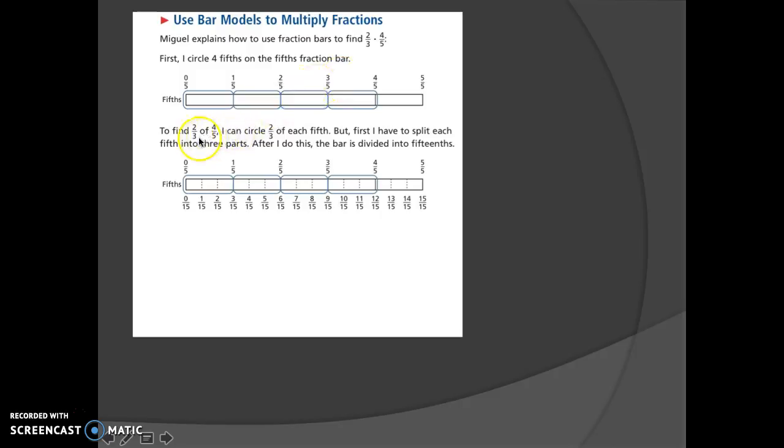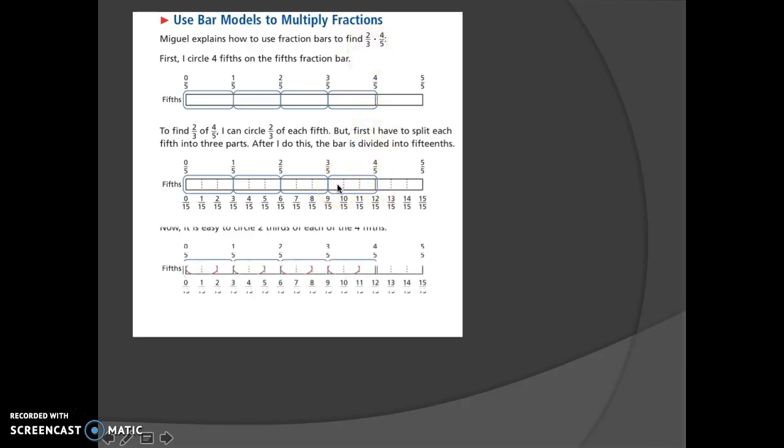Okay, so to find 2/3 of 4/5, I can circle 2/3 of each fifth. But first I have to split the fifth into 3 equal parts. Okay, so we've got our 4/5 circled in blue. We're dividing them into 3 equal parts.